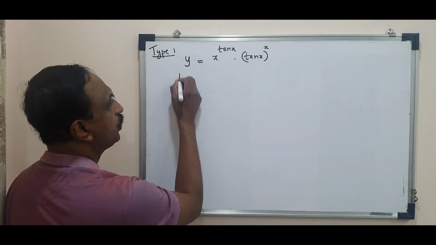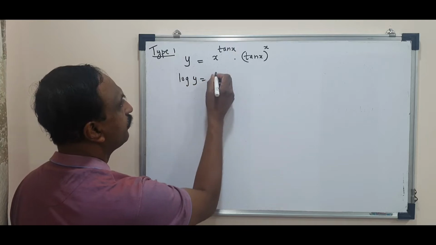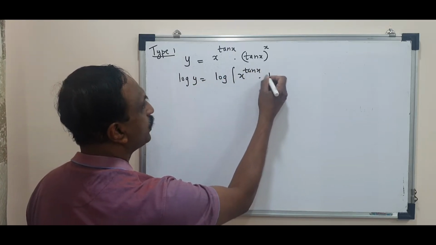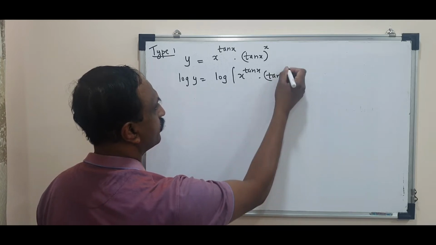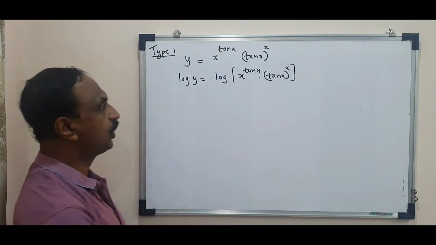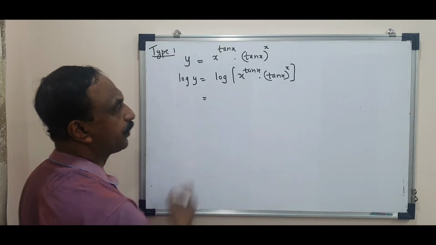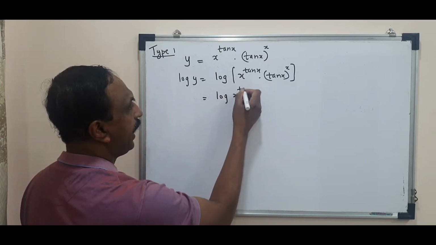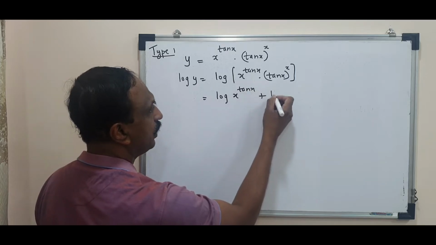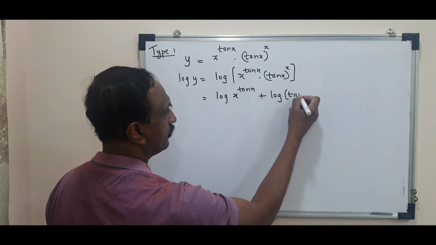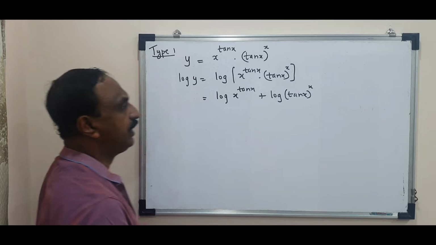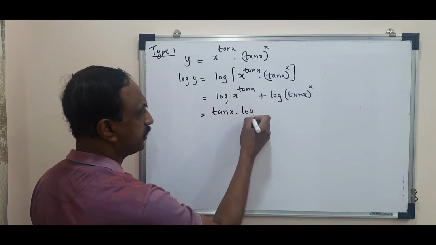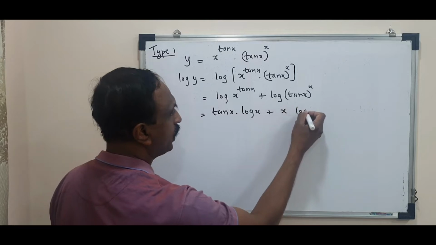In that case, you need to take log directly, log of x raised to tan x into tan x raised to x. When you apply this log directly, you will apply the property of log. Log m into n is log m plus log n. Then log a raised to n, so tan x into log x plus x log tan x.